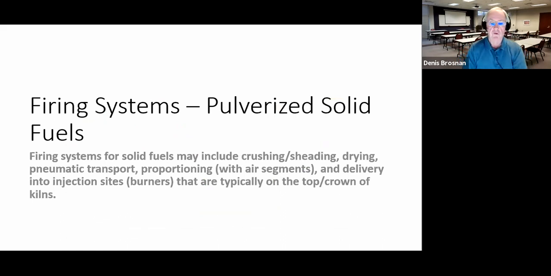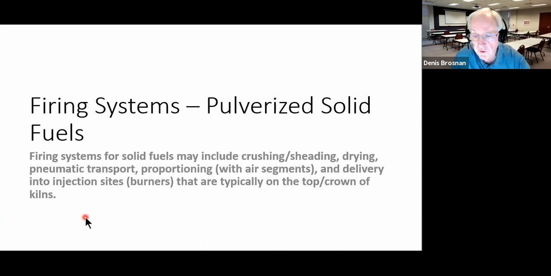Okay, let's talk about firing solid fuels. We're only talking about the modern world in industrialized countries. We're not talking about firing lump coal or cords of wood or saw cut timber. We're talking about crushing and shredding the fuel, drying if necessary, being careful about how much moisture we remove, and pneumatic transport of the fuel up to some proportioning device.